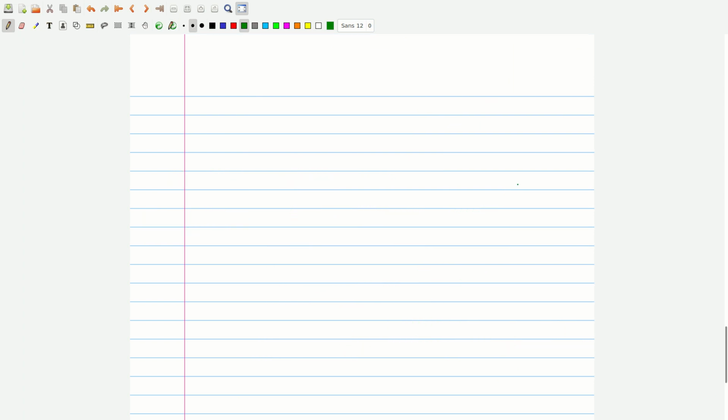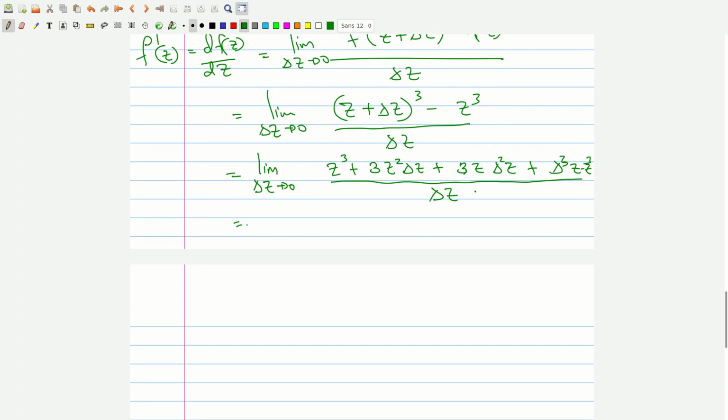So a few terms here cancel. We can cancel this term and that term. So we have 3z squared delta z plus 3z delta z squared plus delta z cubed, everything divided by delta z.